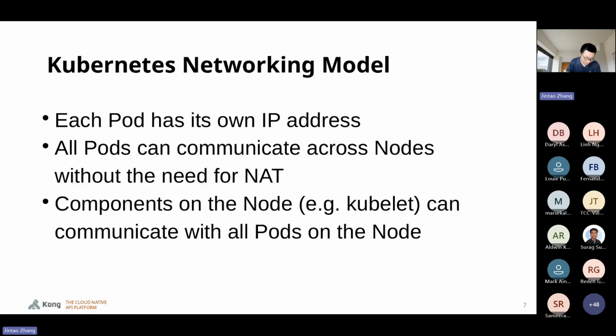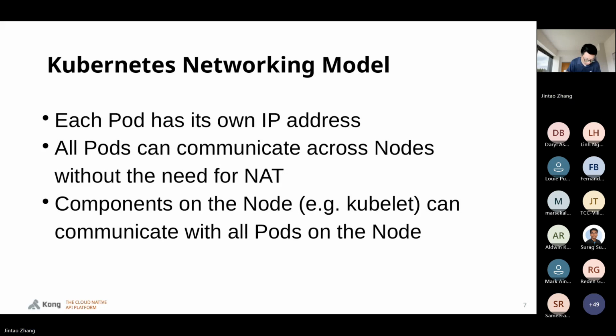The Kubernetes networking model is designed to ensure communication within the cluster, which is pivotal for deploying scalable and resilient applications. Each pod has its own IP address. If you deploy a pod in Kubernetes, each pod is assigned its own unique IP address.